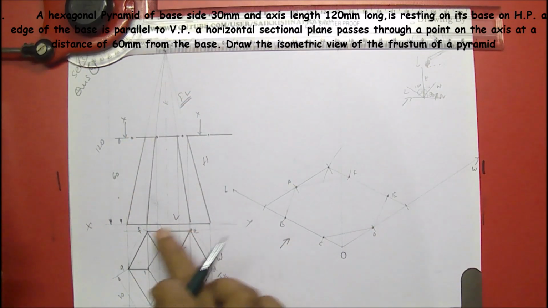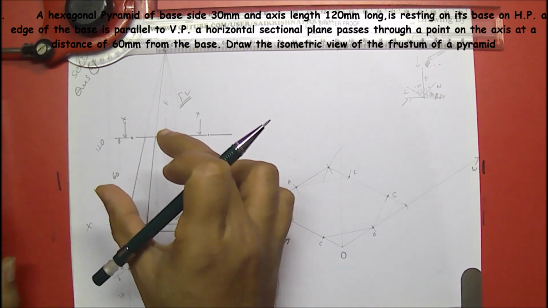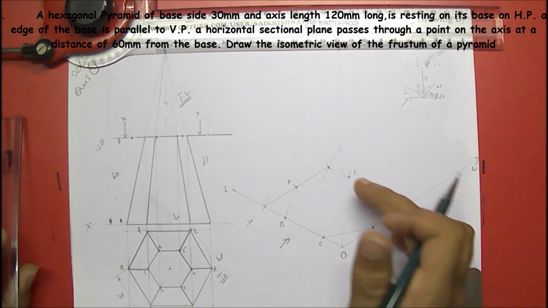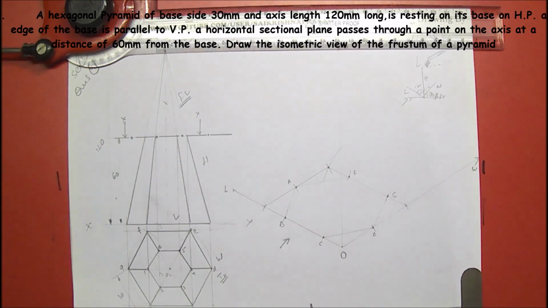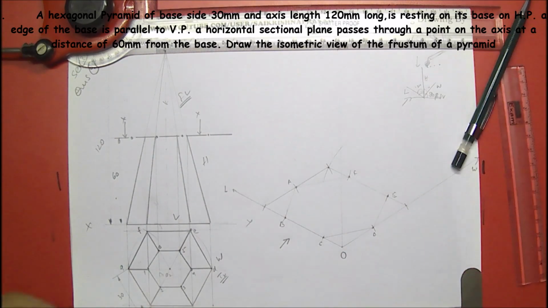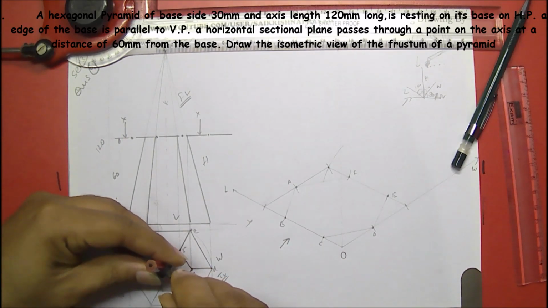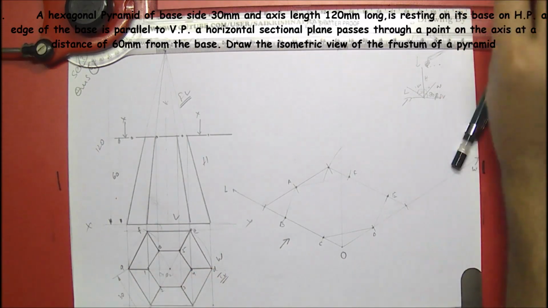Here you can see I have reproduced the base, bottom of the pyramid, or remaining frustum pyramid over here. Now I have to locate the center points also, O2 and O1, right? It is on the exact AD center.